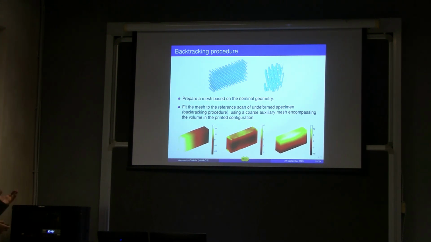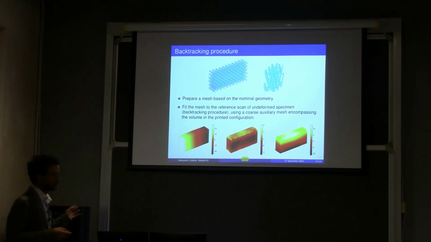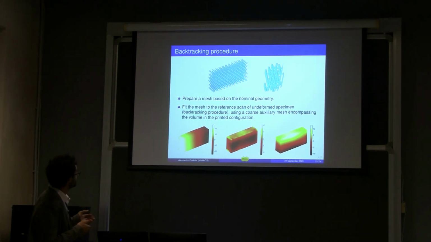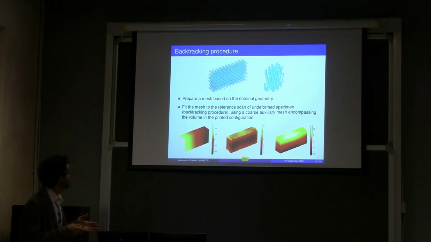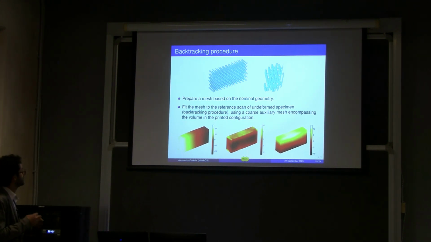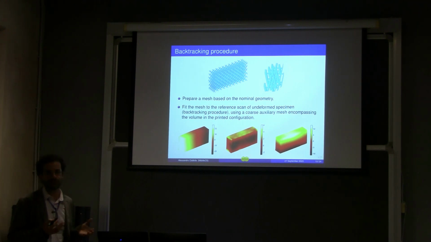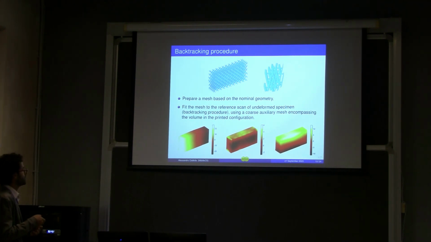How this is done is quite standard, because for this case we are able to use a coarse auxiliary mesh that encompasses the whole volume of the reference scan. Here we notice these displacement fields: longitudinal, transverse and vertical.